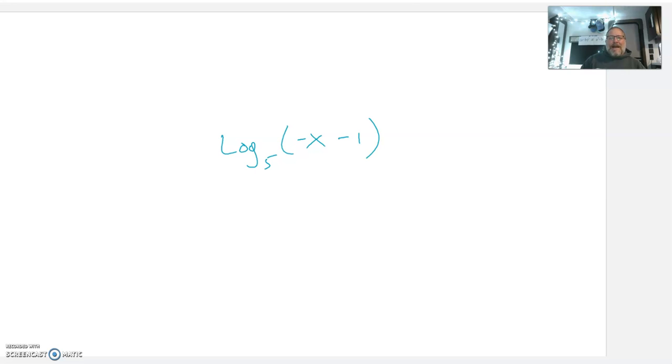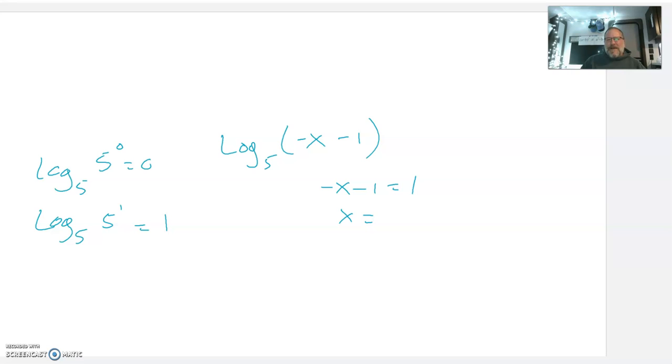Now, I want to make the inside nice to work with logarithms. So again, like 5 to the 0, so it kicks out 0. Okay, log base 5, 5 to the first. I only need 2 dots, so I'll stop here. And this will kick out 1. So I need the -x and the -1 to be equal to 5 to the 0. That's a 1.